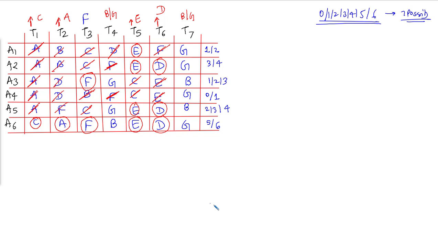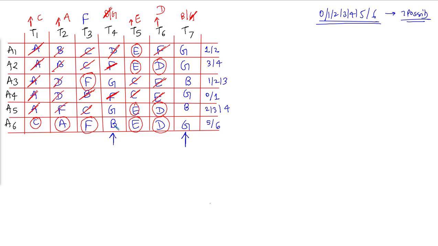From this we can conclude that T4 is not going to be B and T7 is not going to be G. If T4 becomes B, then T7 becomes G. In that case, agent 6 is going to have all 7 answers correct, and that is not going to happen. This means T4 is not going to be B and T7 is not going to be G.